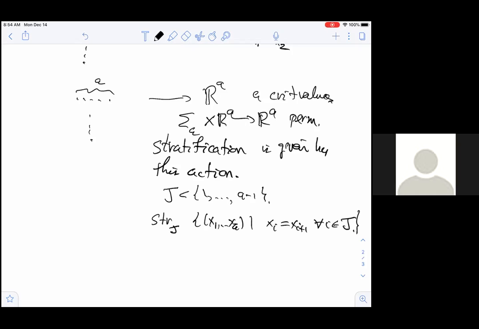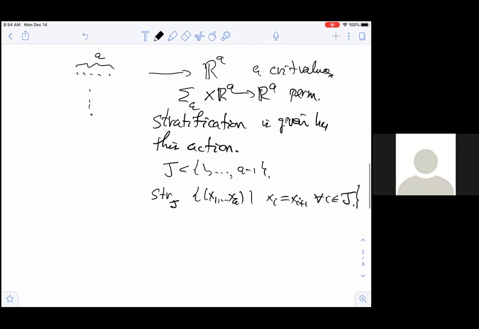Okay. So for example, if you were interested in this configuration, well, how many points do we have? 1, 2, 3, 4, 5, 6, 7, 8, 9, 10. So we're in R^10, we have x1 up to x10. And J, well, the first point and the second point have the same index.